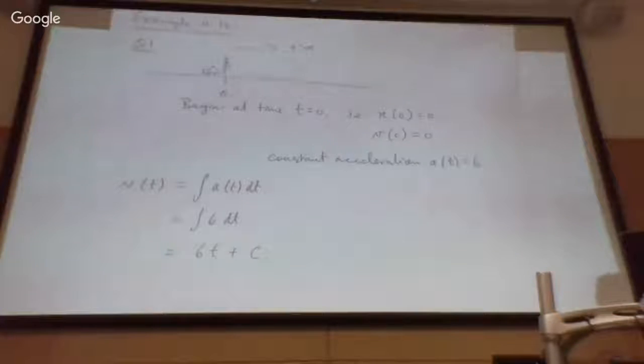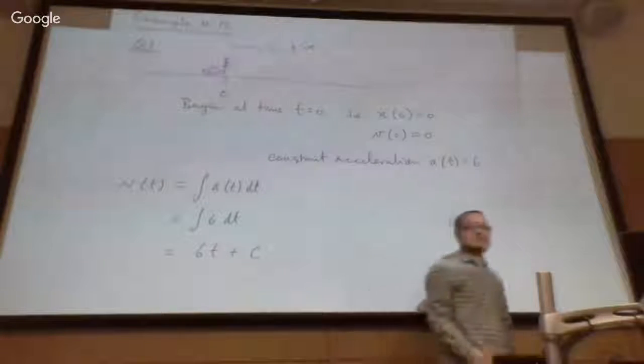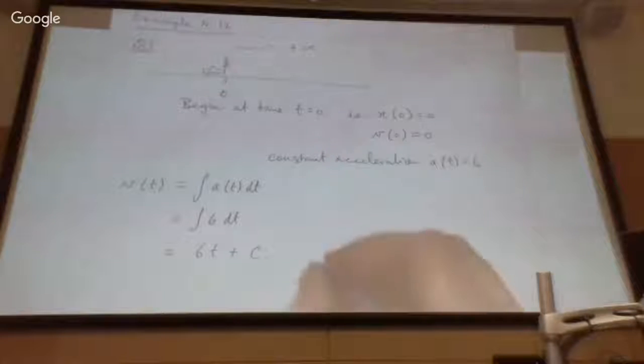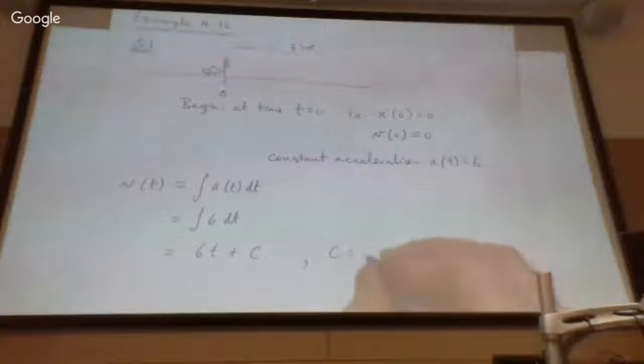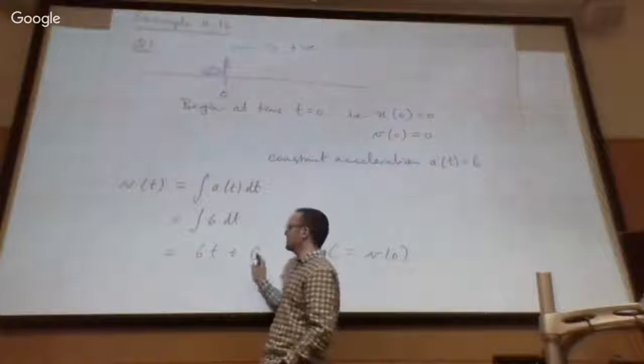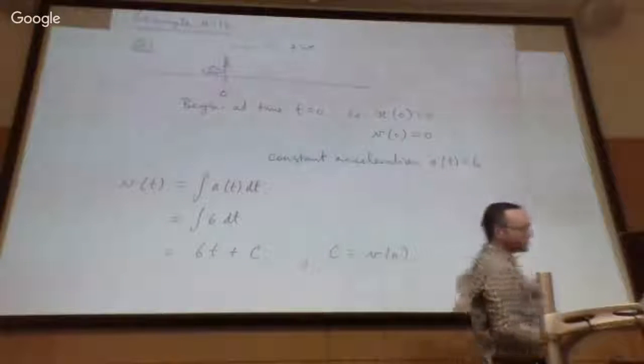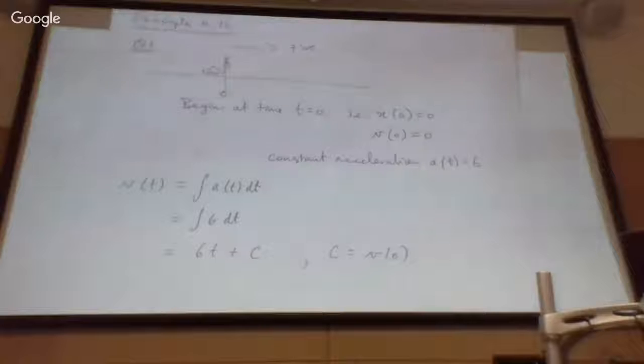You have a constant of integration. And what exactly is this constant of integration? It is equal to v of 0. If you put in t equals 0 here, that cancels out the 6t term, and you have the constant c equal to v of 0. And we know what that is. We know v of 0 is equal to 0 because the car is starting from rest. So that means our velocity function is 6t.